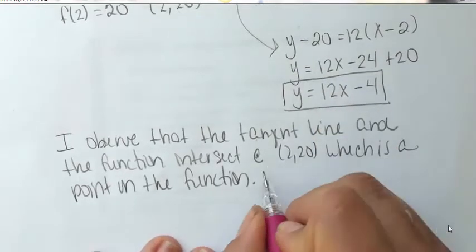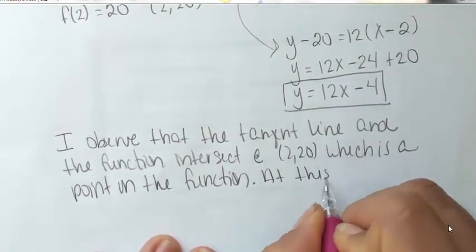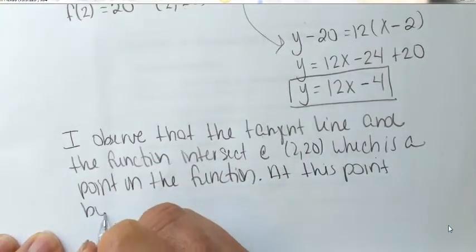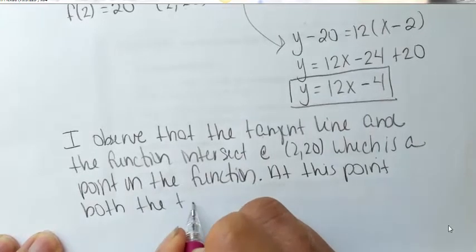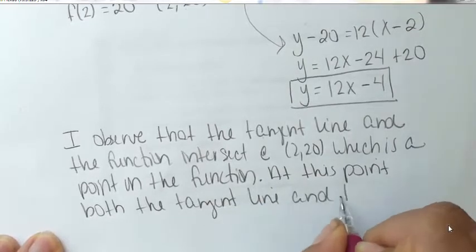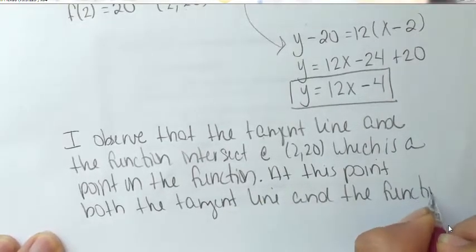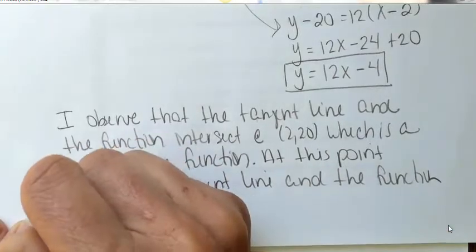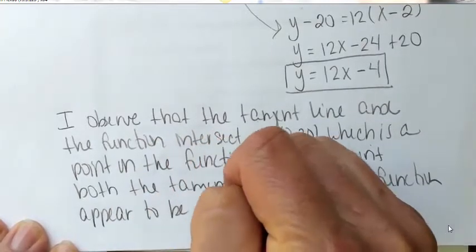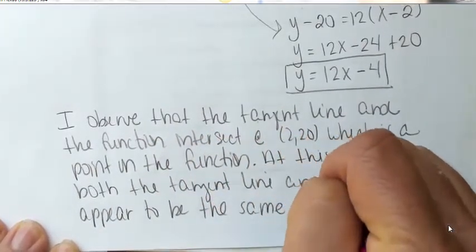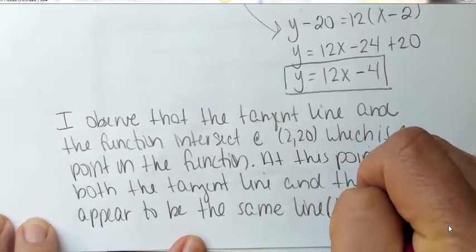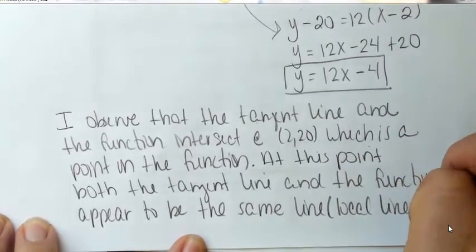At this point, both the tangent line and the function appear to be the same line. This is not something you need to know this year, but we do call it local linearity.